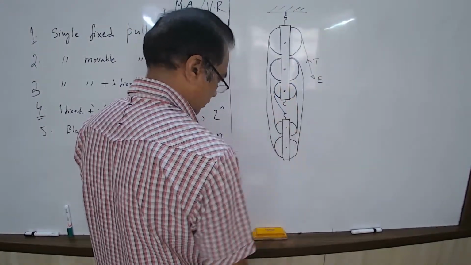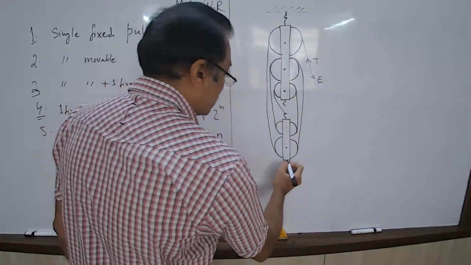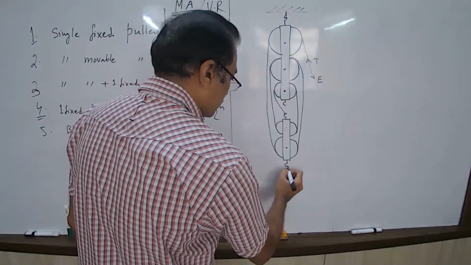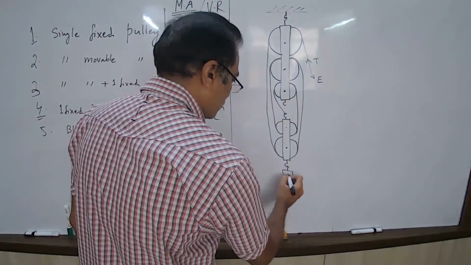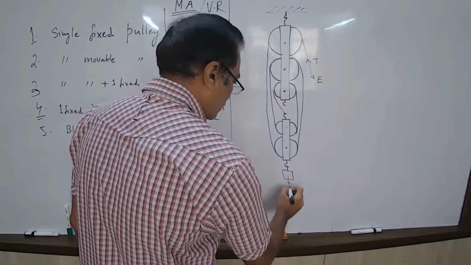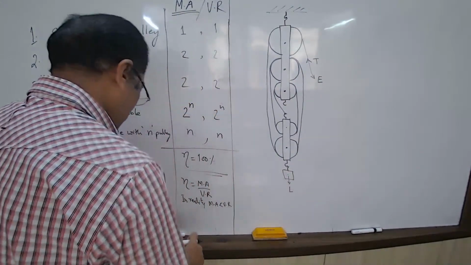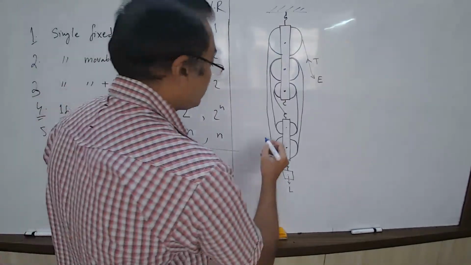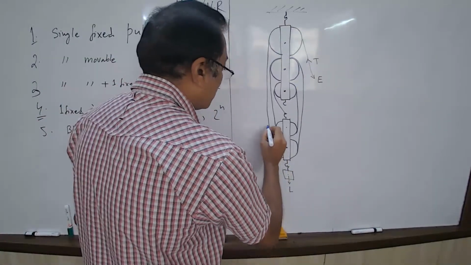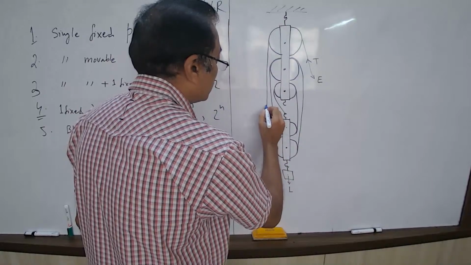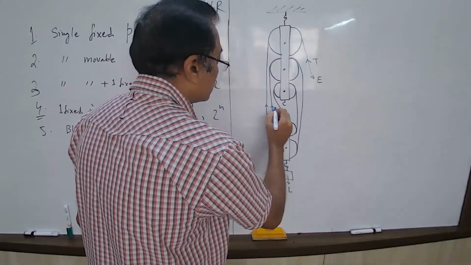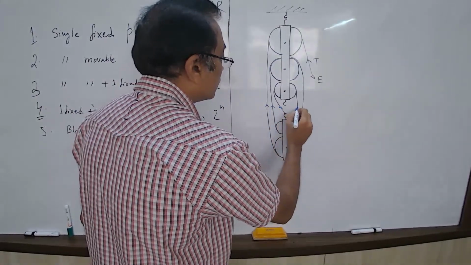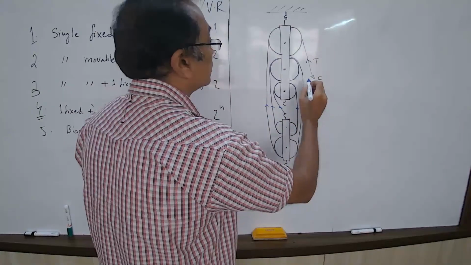This is all. Okay, and the load is this. So now what you're assuming is how many segments of strings are supporting the load? 2, 3, 4 and 5.